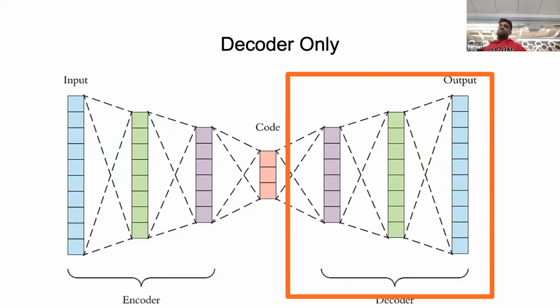Recently, in the last 1 or 2 years, people at OpenAI realized that to get the best performance, we really need only the decoder. That gets a little intuitively complicated. How can you have only a decoder when there is nothing encoding the meaning into a very compressed form?